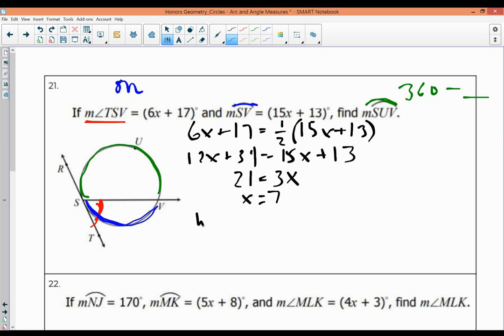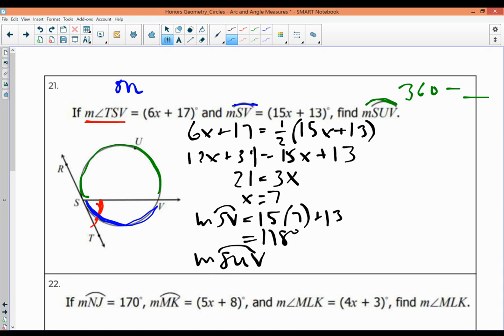So I have to find the measure of arc SV first. So that'll be 15 times 7 plus 13. Of course, I didn't do it, so I did it another way. 15 times 7 plus 13 is 118 degrees. And then I know the measure of arc SUV, major arc, is going to be 360 minus 118, which will be 242 degrees.